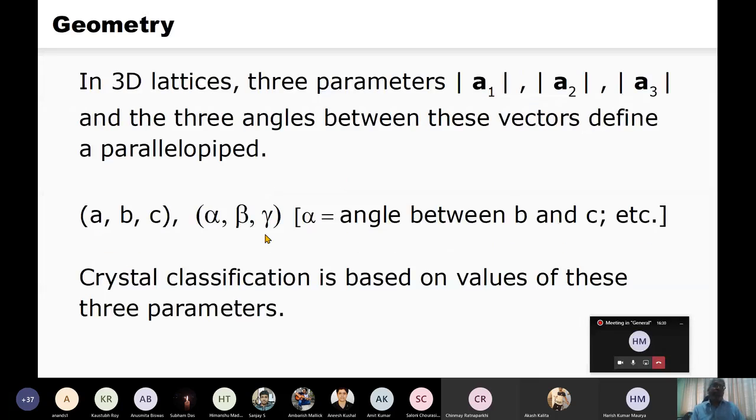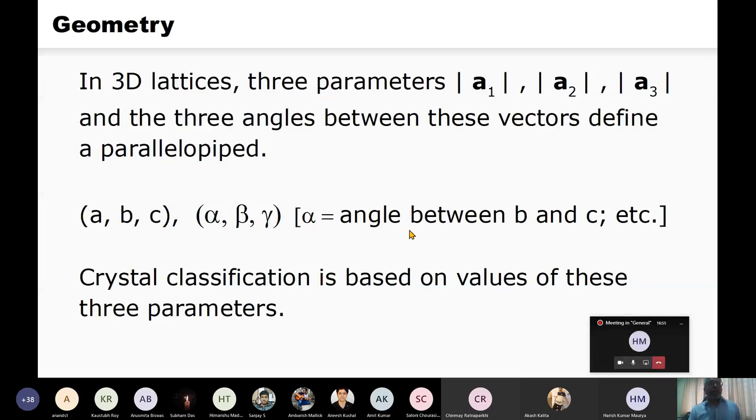So similarly in 3D, we have 3 vectors, and since they are non-coplanar, you also have the possibility of 3 angles between any 2 of these vectors. And so again, convention is to refer to the magnitudes of these vectors as a, b, and c, and then the angles as alpha, beta, and gamma.